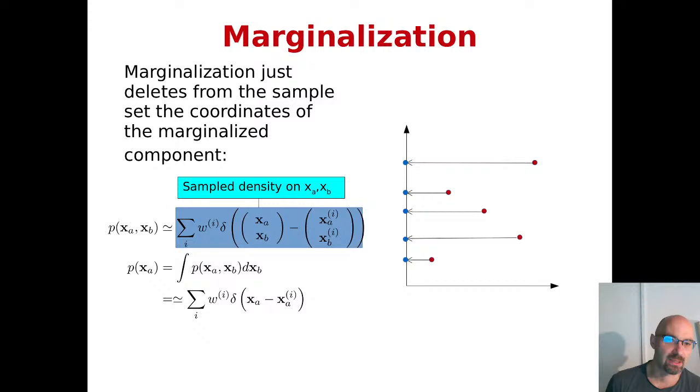Assuming that I want to marginalize over xa and xb, if I want to marginalize out xb, I just delete from each particle the components or coordinates that correspond to the variables I want to marginalize out. I think this is straightforward, and it's more or less equivalent to what we were doing with the unscented transform that we have seen last time.